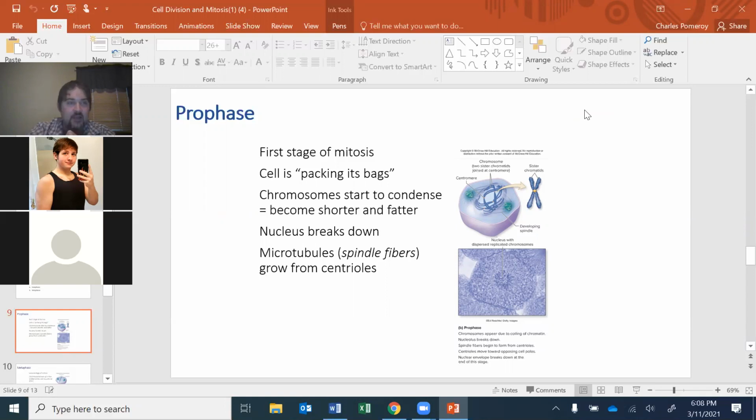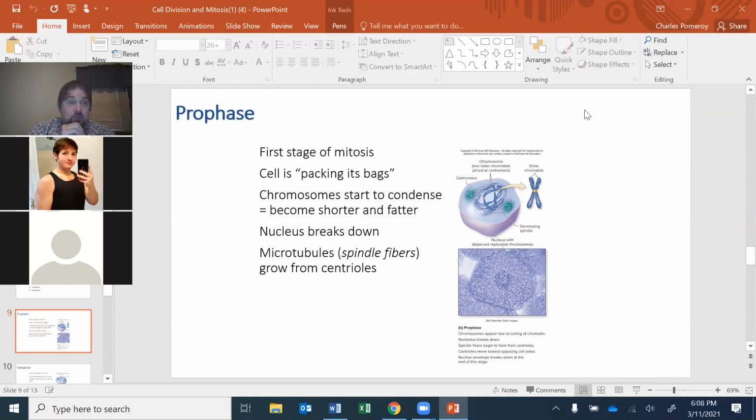This idea that there is a moment in time during division where the DNA is not inside the nucleus will come into play a little bit later when we talk about cell aging and death. But the nucleus is going to break down, and the chromosomes will start to collect towards the middle of the cell, and kind of look like worms in the middle of a cell, especially in the picture you're going to look at here in a minute.